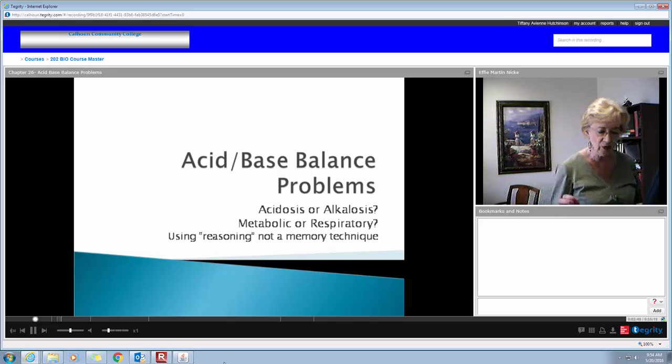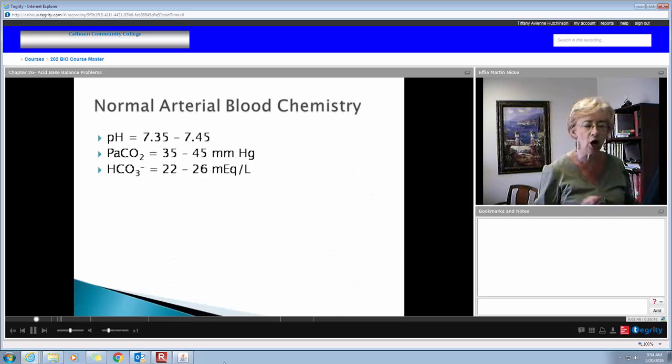So without further ado, let's do a little bit of talking about first the rationale behind it and setting it up. The first thing is that the homeostatic ranges you're going to be interested in on this are typically taken from blood samples, and so we call them arterial blood chemistry, so the samples have to come from the arteries. A homeostatic range for the pH of arterial blood, or any blood really, is 7.35 to 7.45.